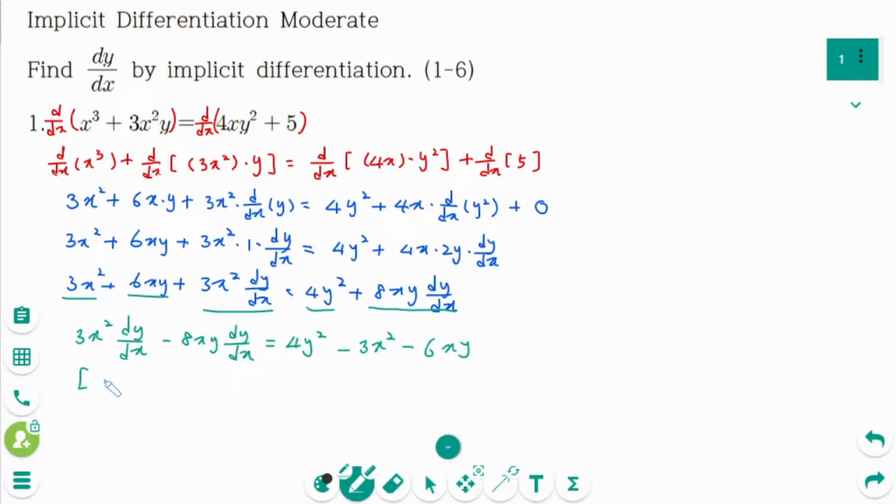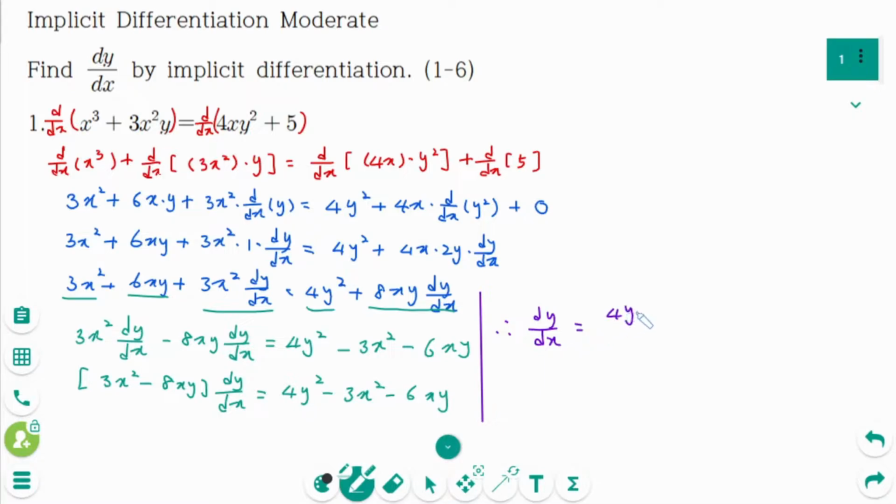Then we can factor: 3x squared minus 8xy times dy/dx equals 4y squared minus 3x squared minus 6xy. Then the final answer: dy/dx equals 4y squared minus 3x squared minus 6xy over 3x squared minus 8xy.